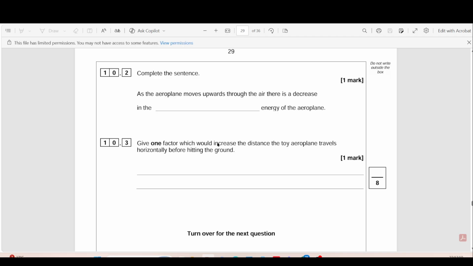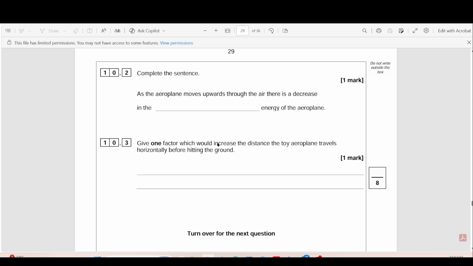Yeah, and decrease in what? Kinetic, right? Because as the object gains height it's gravitational, but as it increases speed, it's kinetic.